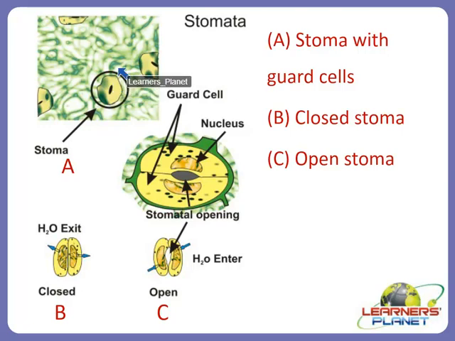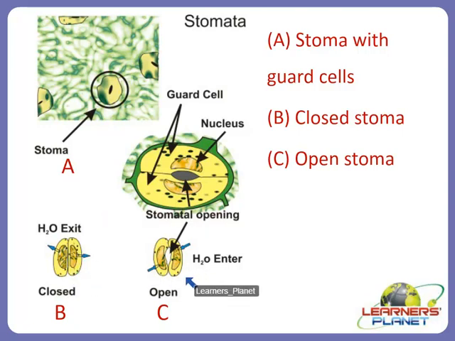In picture A you can see that the stoma are present with the guard cells. Secondly, we can see that the stoma has guard cells, a nucleus, and a stomatal opening. So this shows that the stoma is opened, which is regulated by the guard cells, and it also gets closed by the guard cells. So B is a structure which shows a closed stoma, and C shows the open stoma.